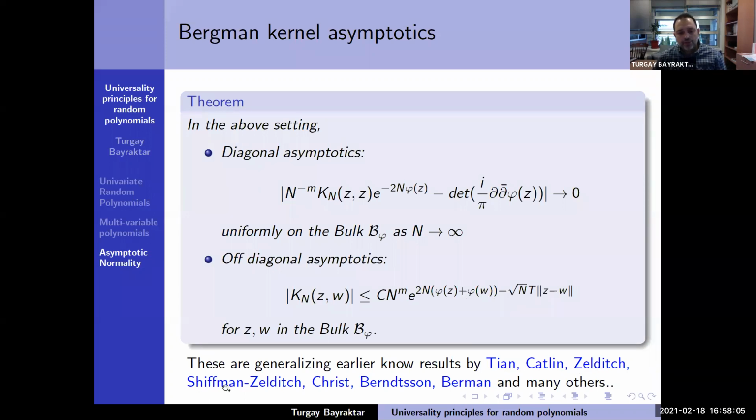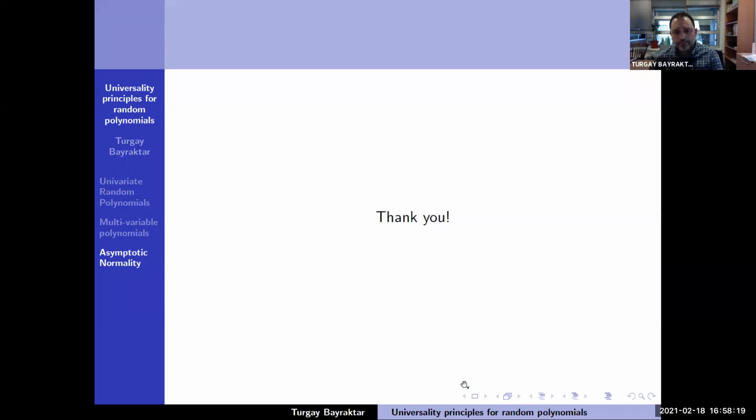Later on, Shiffman and Zelditch did the off-diagonal asymptotics. And more recently, Berman studied big line bundles with smooth metrics, I think.